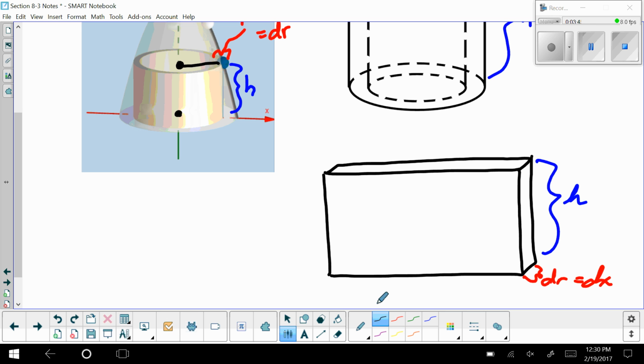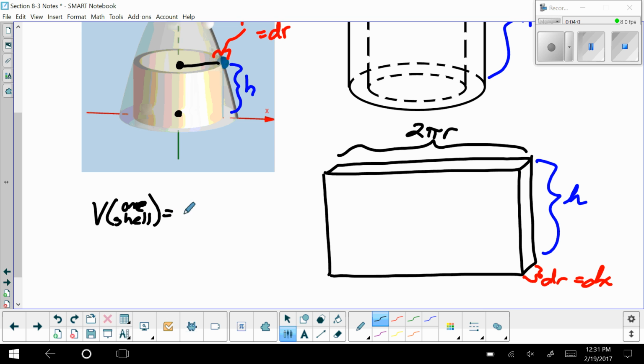But the width is the circumference of the inside of our cylinder, which will be 2 pi r, or 2 pi times something involving x. Then the volume of just one of these shells is going to be 2 pi r h times dr.